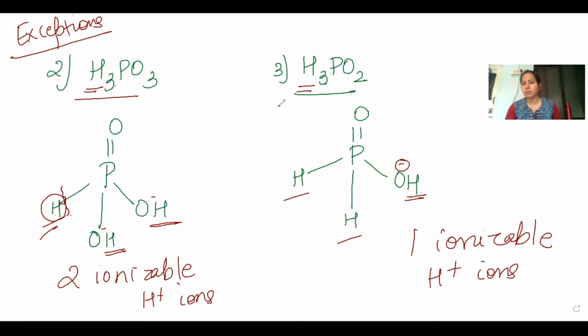H3PO3 and H3PO2. जबकि H3PO4 में हमने देखा कि फॉर्मूला में 3 हाइड्रोजन है, आपको 3 H plus मिल रहा है. बट यहाँ के केस में यू हैव फॉर्मूला में 3 हाइड्रोजन बट इट्स नॉट गोइंग टू गिव यू 3 H plus ions. You can see this one gives you 2 ionizable, this one gives you 1 ionizable H plus ion. So this is for your extra information which will be used in future.